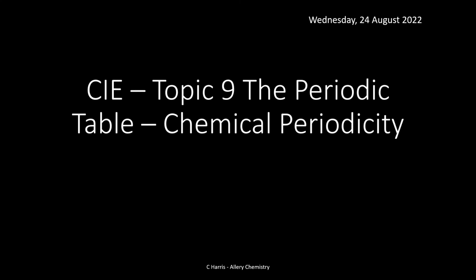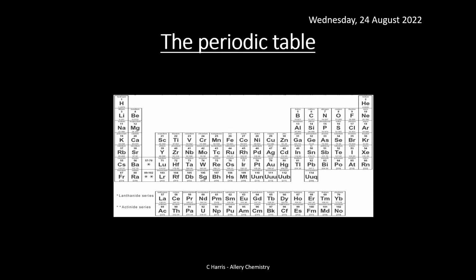So right, let's crack on and have a look at the first part of it. I say this a lot, but a lot of the CIE topics blend into each other and interact with other areas of other topics.